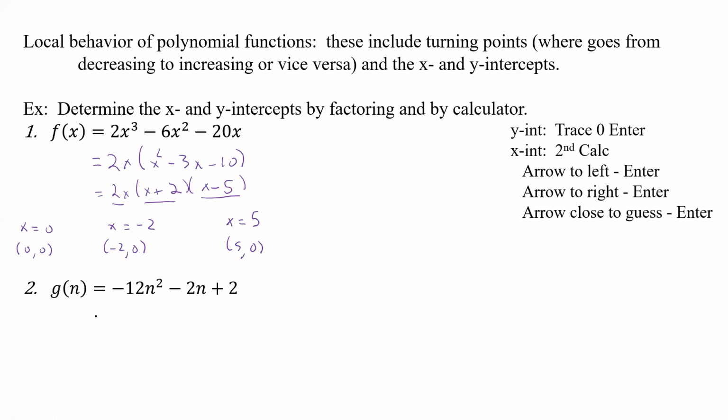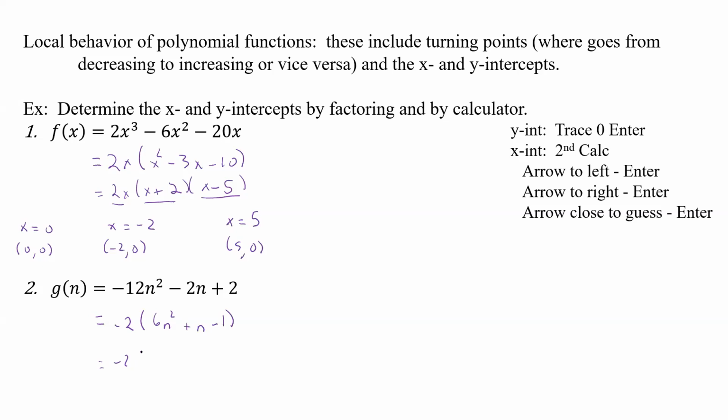All right, so the next one, let's do that one also with factoring as well as with the calculator. So this one, it looks like I can factor out a -2. I usually want to have a positive highest-degree term for factoring, just to make it easier. So if I factor out a -2, that becomes 6n squared, plus n, and then -1. Now, how do I factor that?